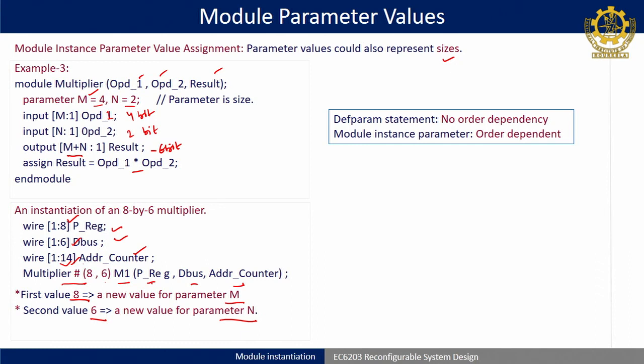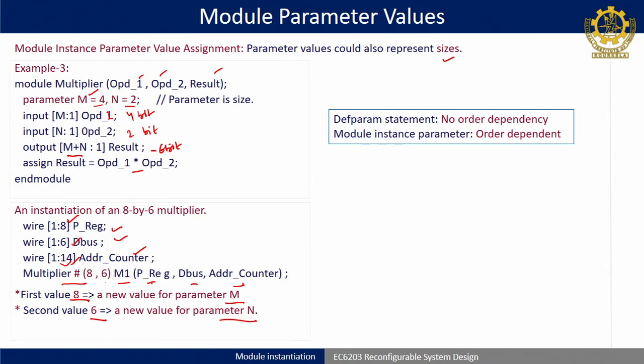So, for the size case you can override by using this second methodology, module parameter instantiation, but at the same time, specific to the problem, you have to declare the size of the registers, nets or wires.